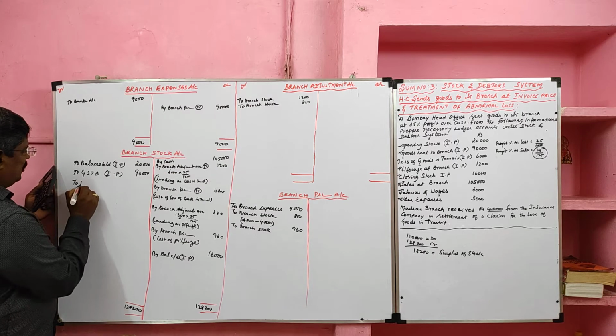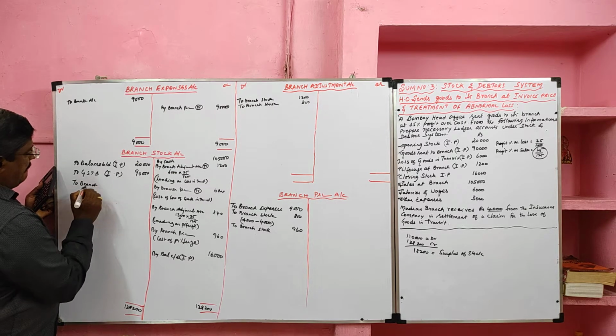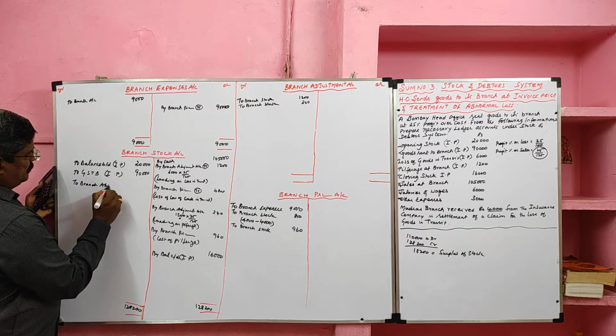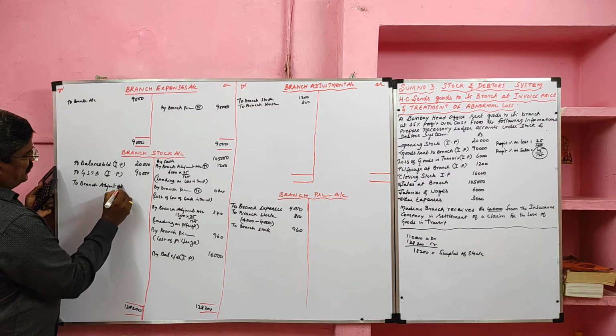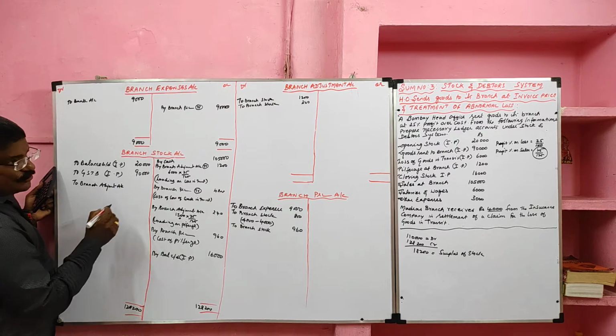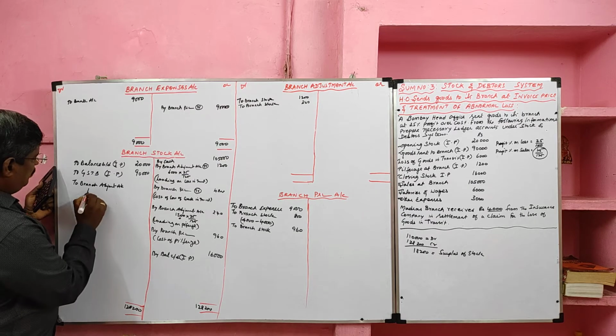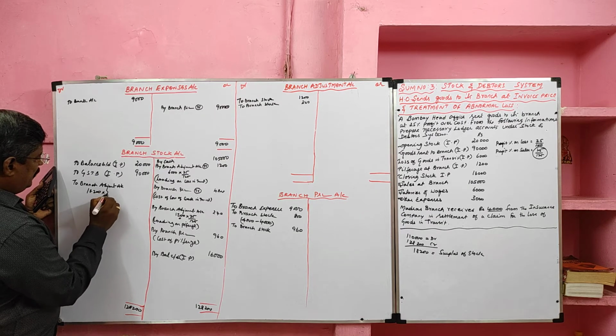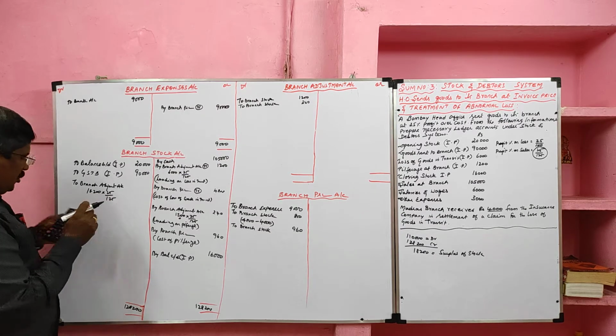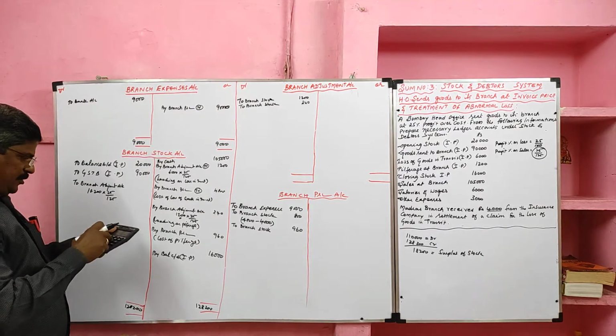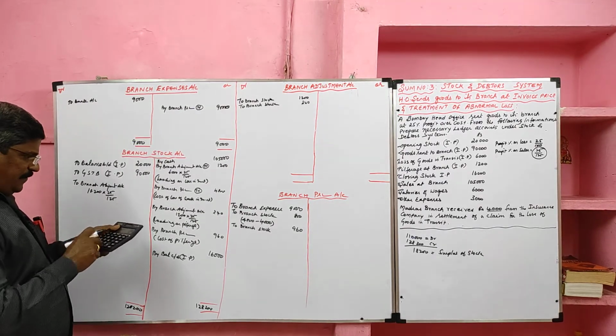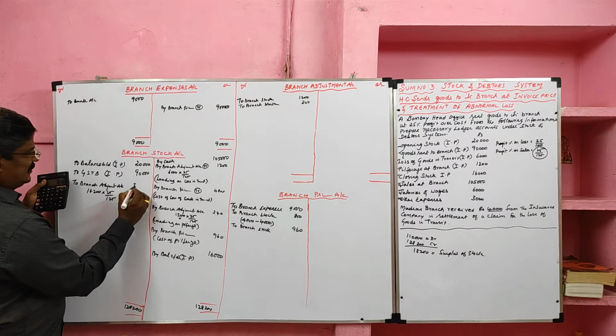Value 18,200 multiplied by 25 by 125. So 18,200 into 25 by 125 is 3,640.